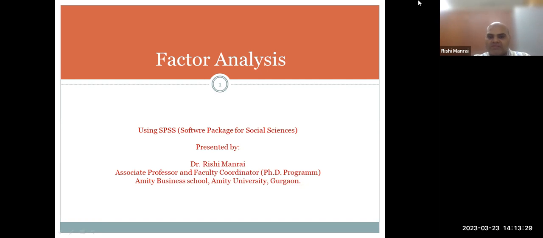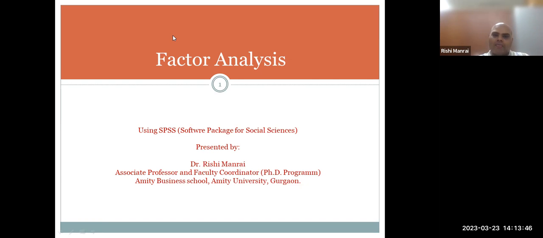Basically, the term factor analysis is a term which we use for data reduction, and this technique is also called a data reduction technique. Now why do we need this factor analysis?